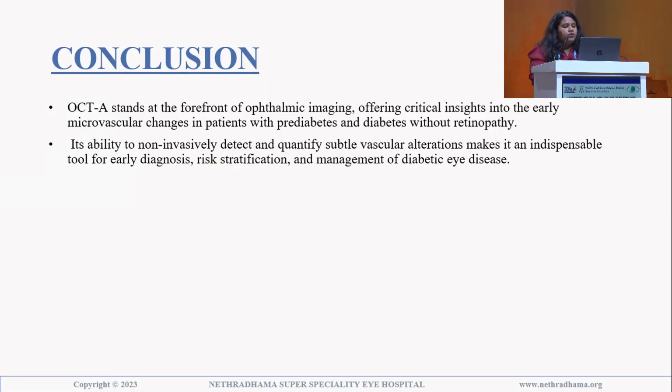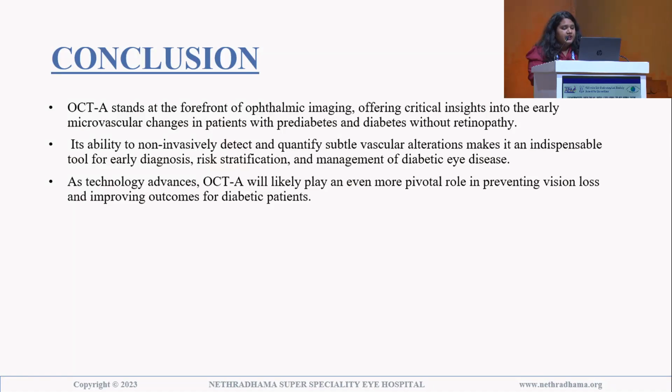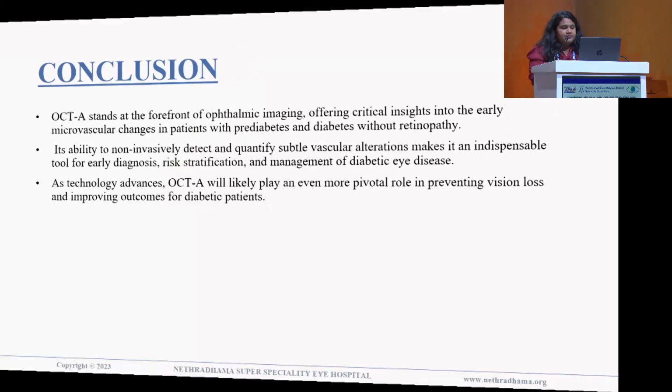Its ability to non-invasively detect and quantify subtle vascular alterations makes it an indispensable tool for early diagnosis, risk stratification, and management of diabetic eye disease. As technology advances, OCT angio will likely play an even more pivotal role in preventing vision loss and improving outcomes for diabetic patients. Thank you.